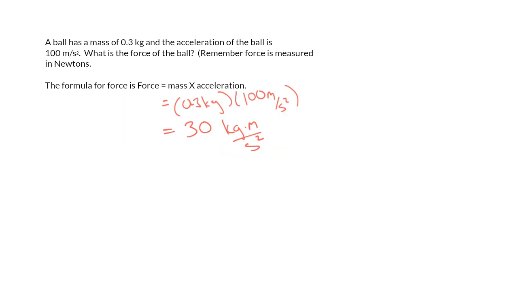And as a reminder, force is measured in newtons, and 1 newton is the same thing as a kilogram meter per second squared. So we can write down that it would be 30 newtons.